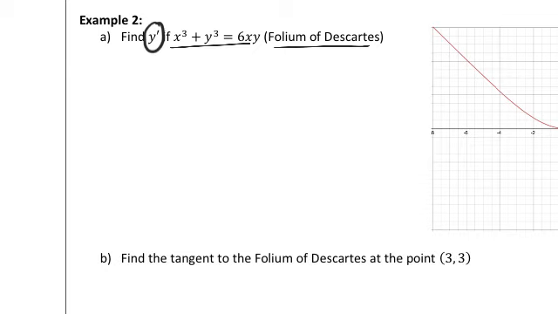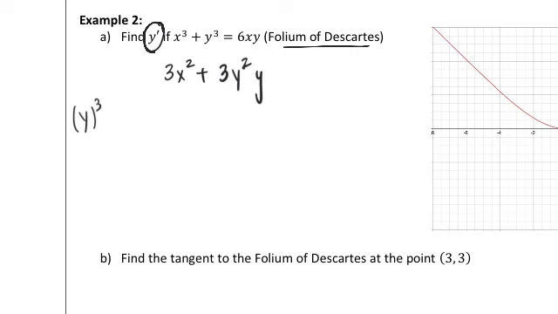So taking the equation, the first job will be to differentiate both sides with respect to x. So 3x squared plus, now here I'm thinking y is an inside function, the cubing is the outside function. So my out prime of in, or my f prime of g, is 3y squared, and then my g prime, or my in prime, is dy/dx, which I'm going to write as y prime actually.